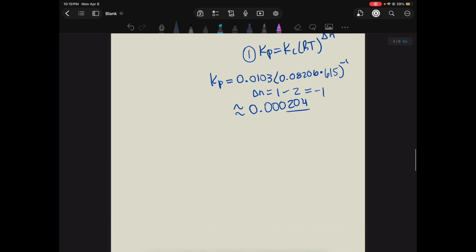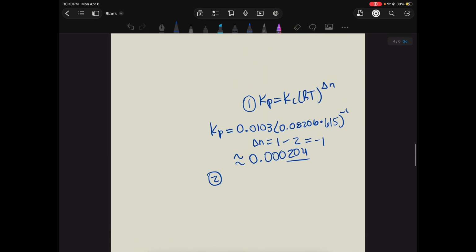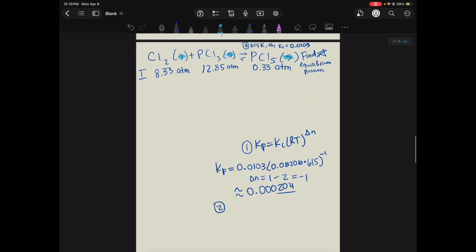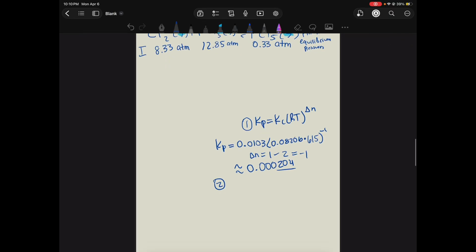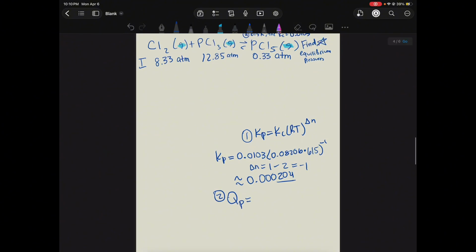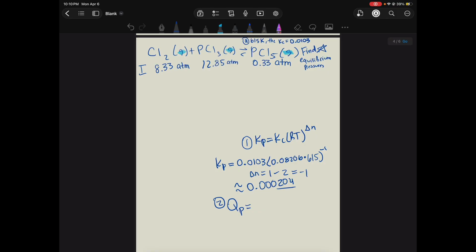Okay, now what we have to do as our step 2 is compare this Kp value of 0.000204 to our Q. How exactly do we get this Q? We would do Qp, because it's in pressure, which is equal to the product side, which is given right here as 0.33, divided by now the two reactants.